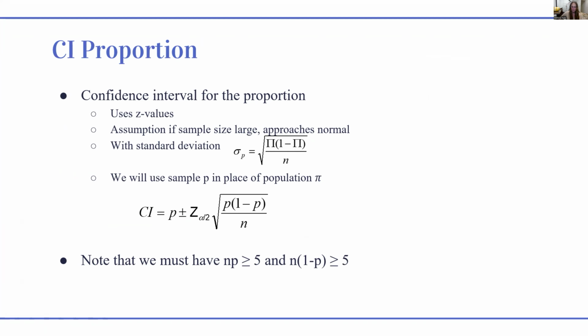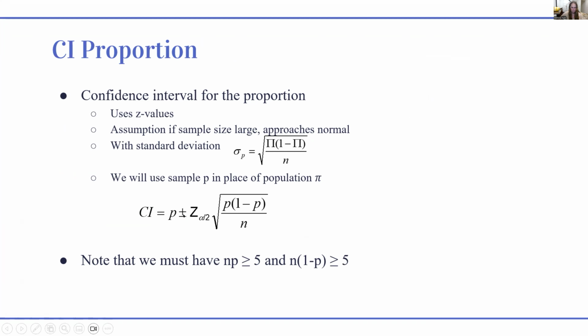So here's what it looks like. This is some new symbols here. We've got this uppercase pi. That's all that is. It's uppercase pi. Nothing looks kind of like the lowercase pi that we're more familiar with. Nothing too fancy. Uppercase pi times 1 minus uppercase pi, divided by n.